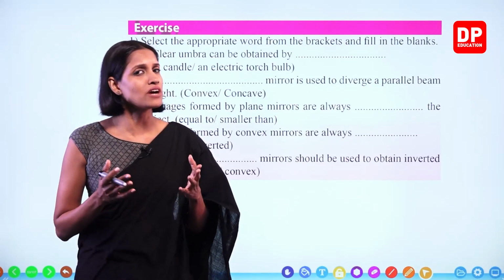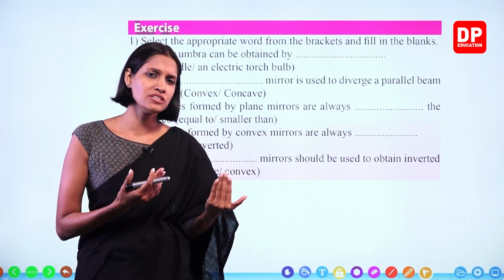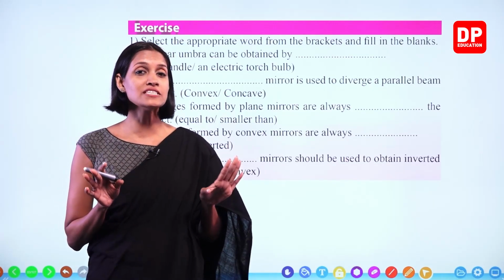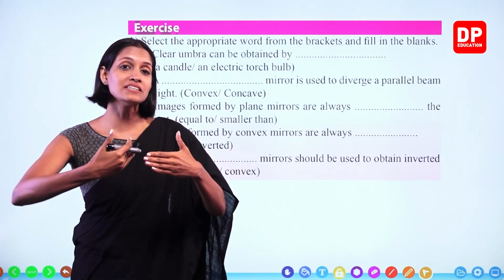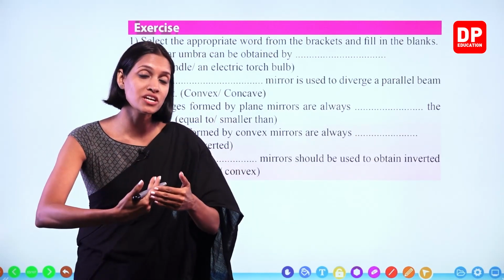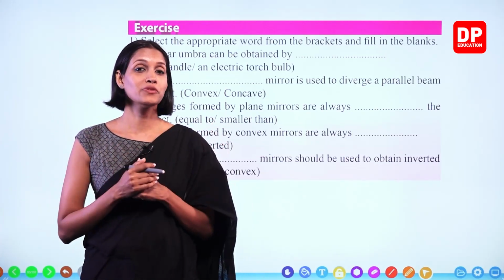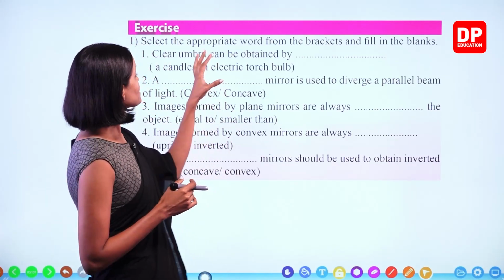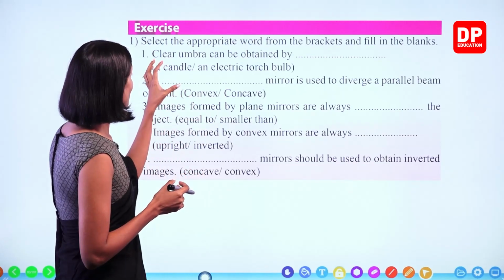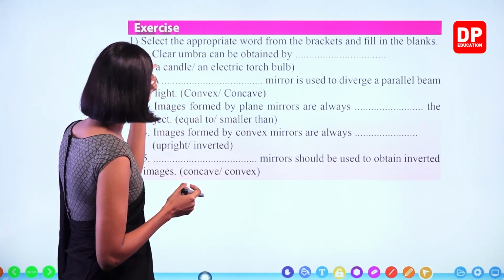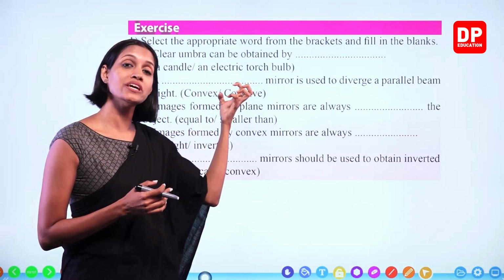So for this one, we did this activity as well, what we can do is increase the distance between the object and the source of light.